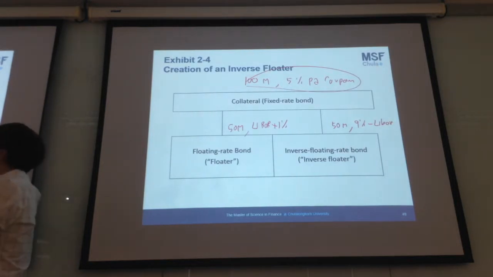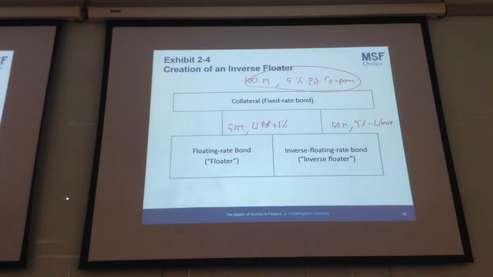It cannot be greater than. Okay, that's why I issue this 50 million and this 50 million, to make sure that the size is not greater than the 100 million of the collateral. You receive the coupon from the fixed rate bond, and then you borrow the money or issue the floating rate bond and inverse floating rate bond. So you have to pay the investor who buys the floater and the investor who buys the inverse floater.